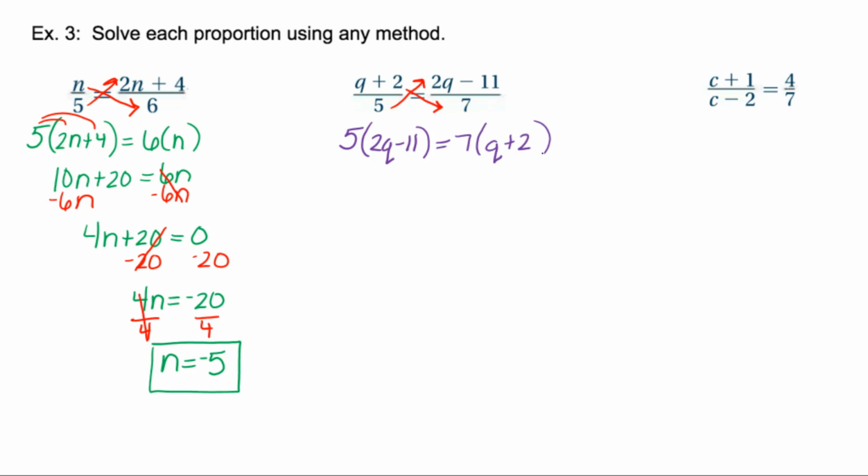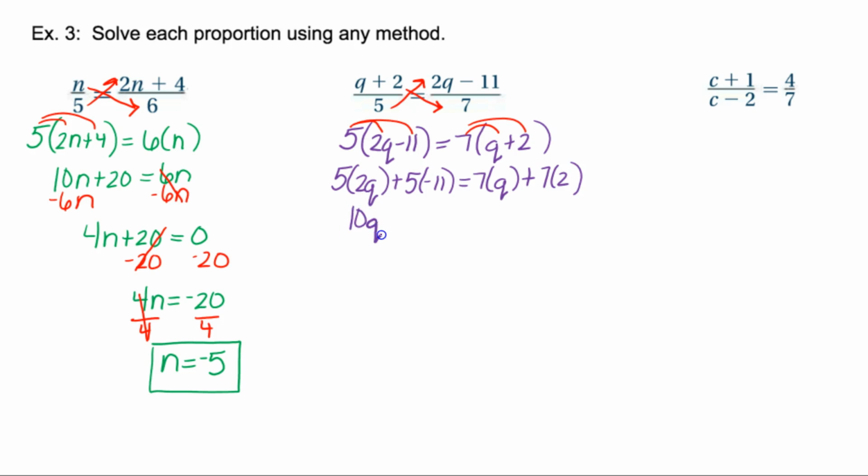Now I have distributing on both sides in this problem. So I need to make sure that I do that. So I have 5 times 2q plus 5 times negative 11 equals 7 times q plus 7 times 2.